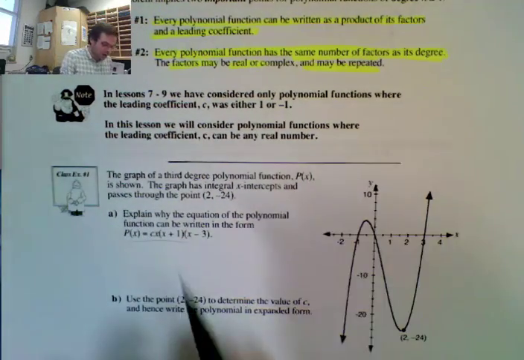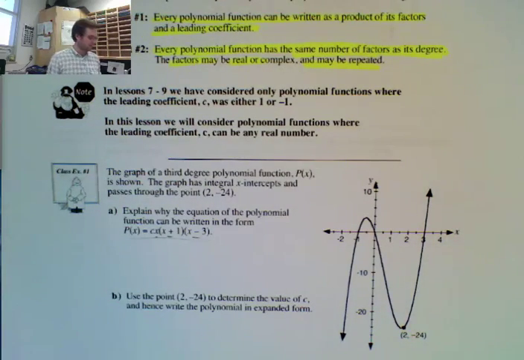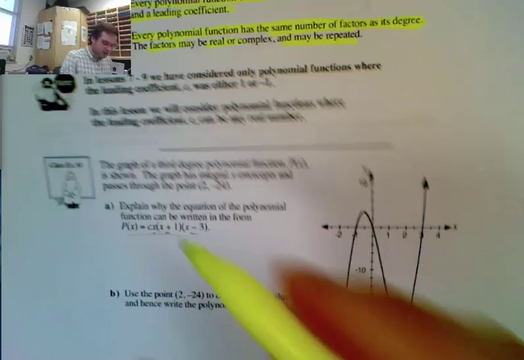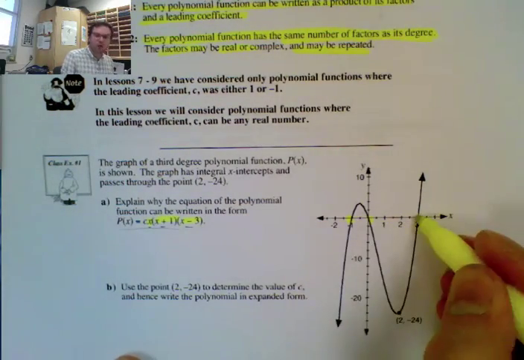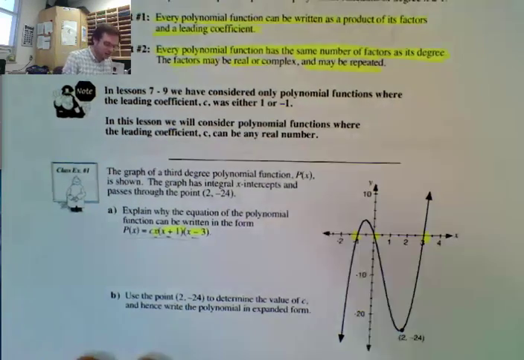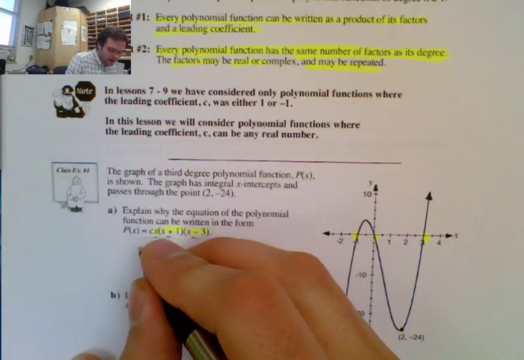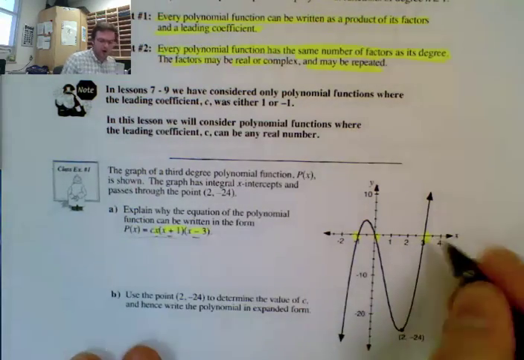Well, look at this here. We have 1, 2, 3 different factors, and they're all of degree 1. And if I look at this, all 3 of these zeros are just crossers.